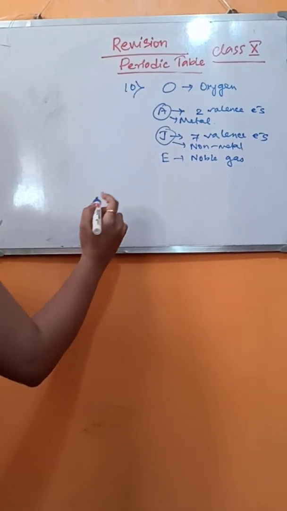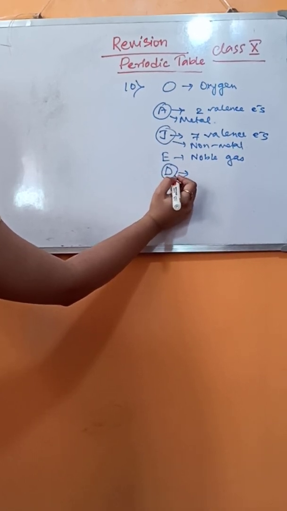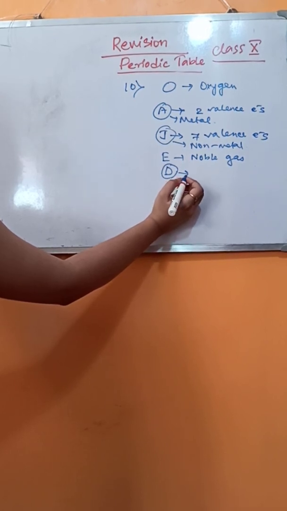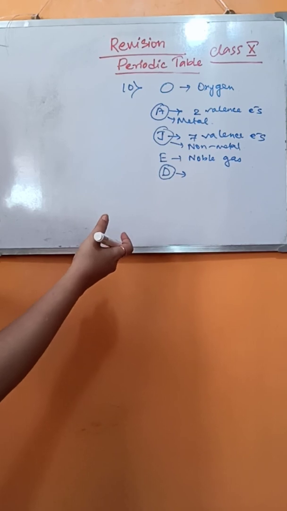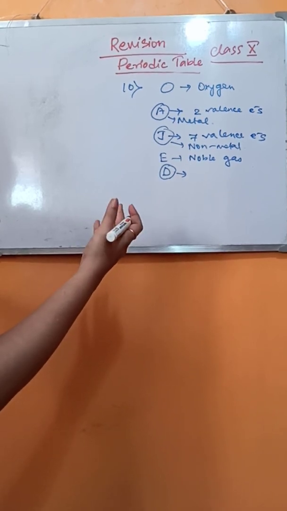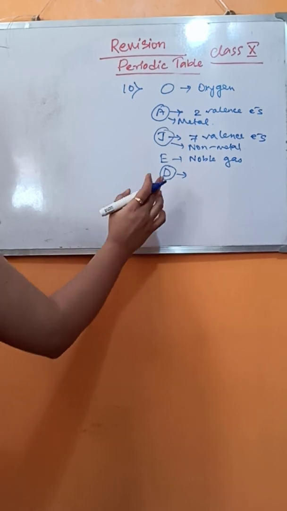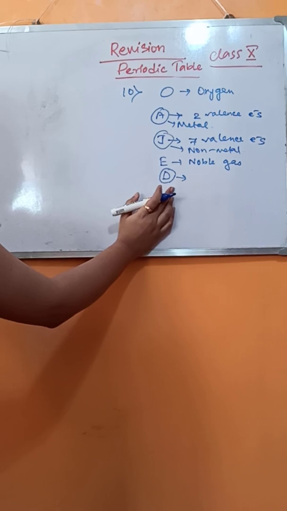If it has 3 valence electrons, then it can easily lose 3 of its electrons to become electropositive in nature. But D is basically, you can say, a hybrid between a metal and a metalloid.